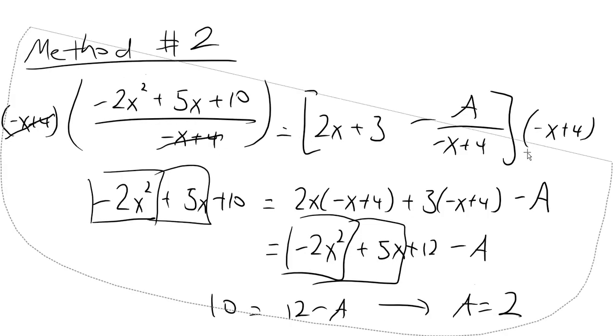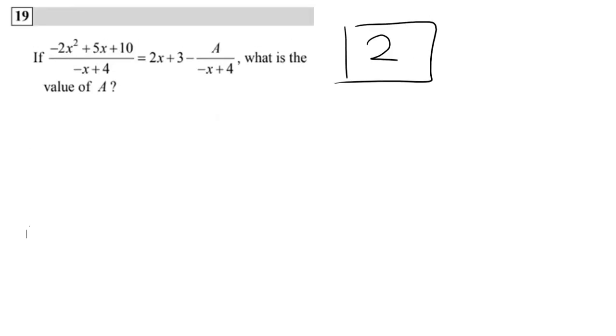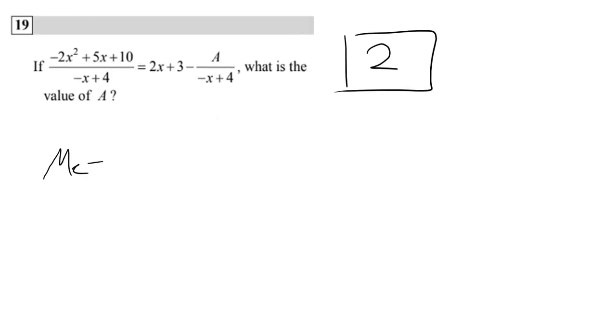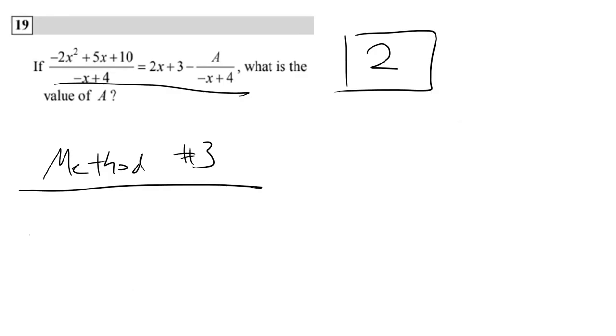Now, here's the quickest way that I thought of. So method 3 now. This is the remainder theorem, if you've heard of it before. First and foremost, you have to recognize that this is just a long division, where this is the quotient and here is the remainder.